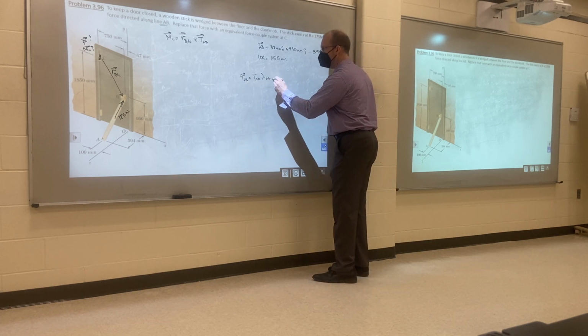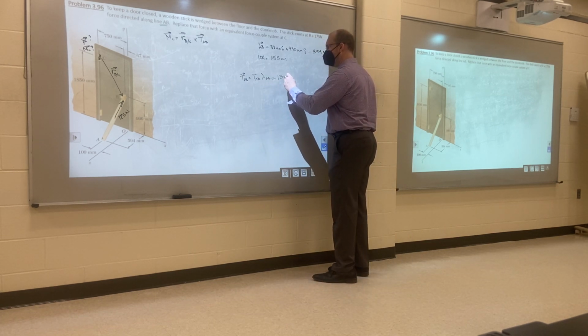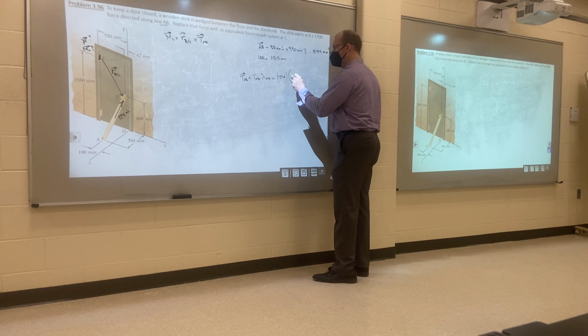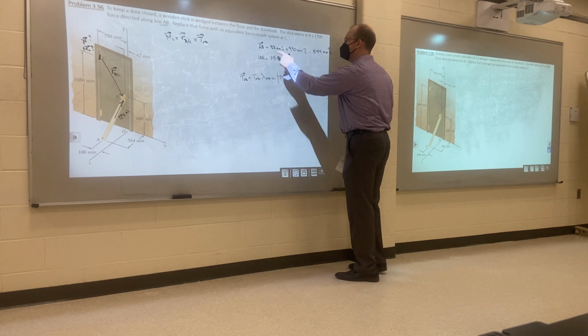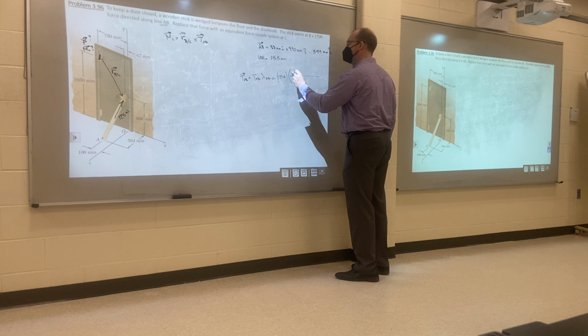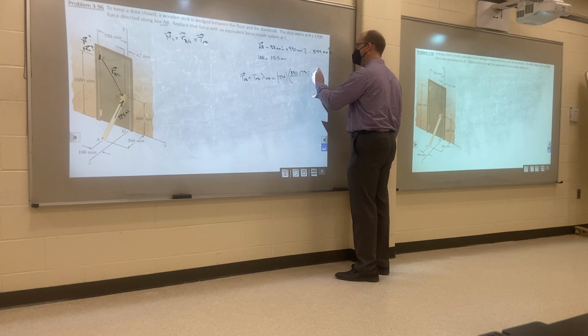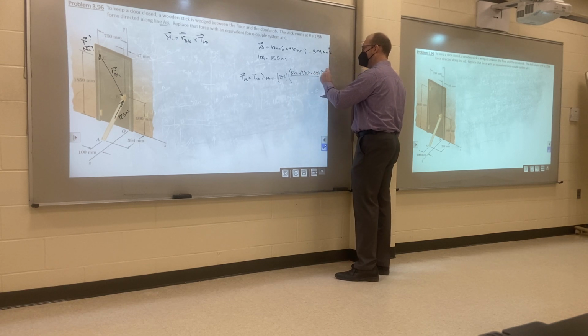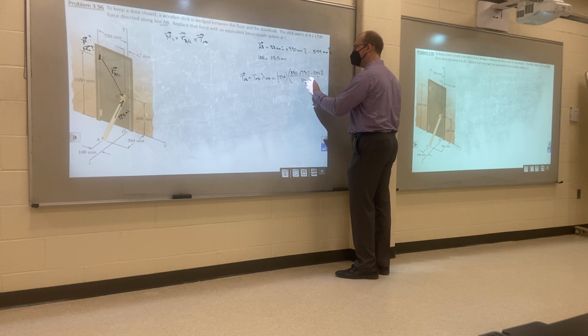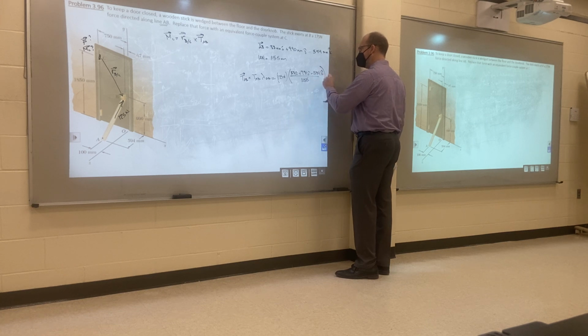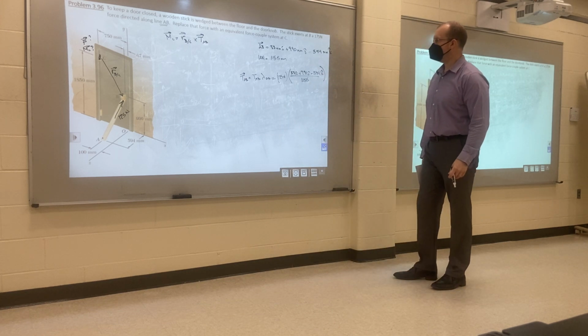They gave us the scalar magnitude, that was the 175 Newton force. And its unit vector is 33 I plus 990 J minus 594 K hat, all over the scalar magnitude of AB.